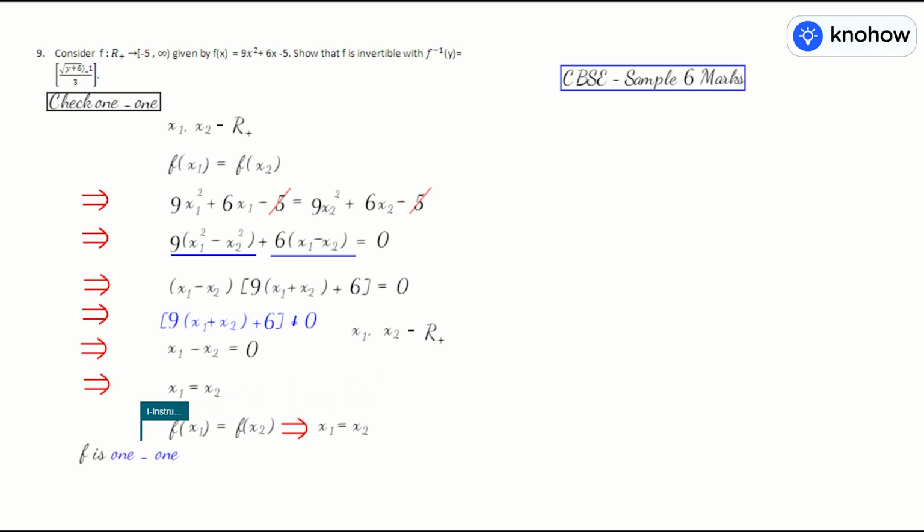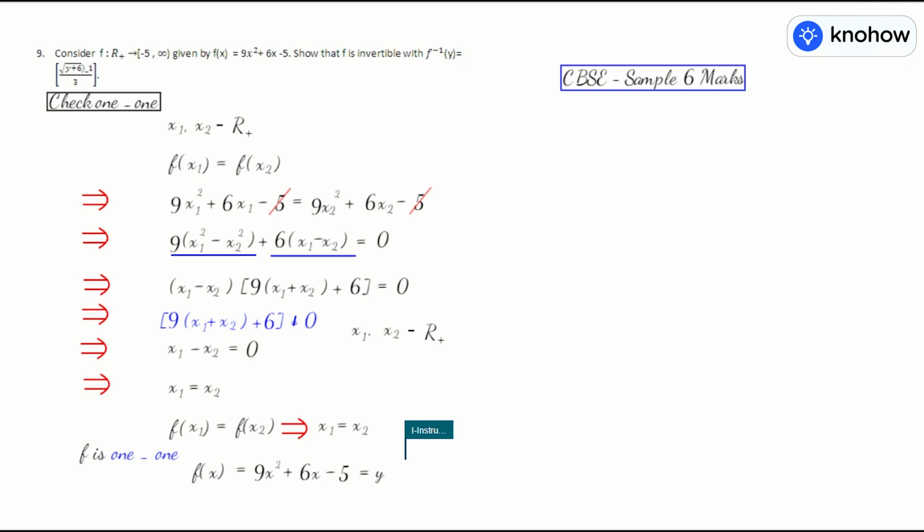And now to check onto. f(x) is defined as 9x squared plus 6x minus 5. Let me take it equal to y, an element in the range of the function.